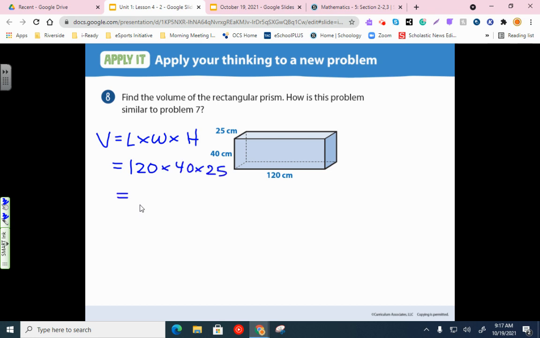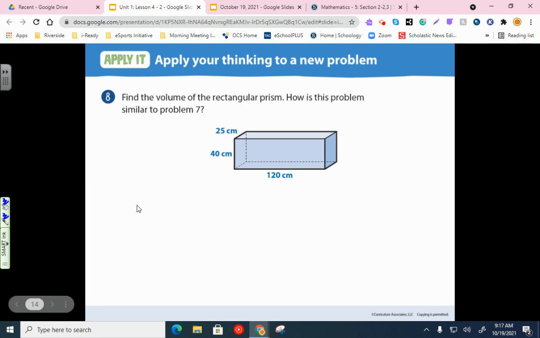We just have to be careful with our final answer. My final answer is not just 120,000, but look here, it's got to be cubic centimeters. When I teach you something, we usually do come back to it. It's not to teach it to you and then we move on to something different. So you need to remember that. And let's do this last problem.